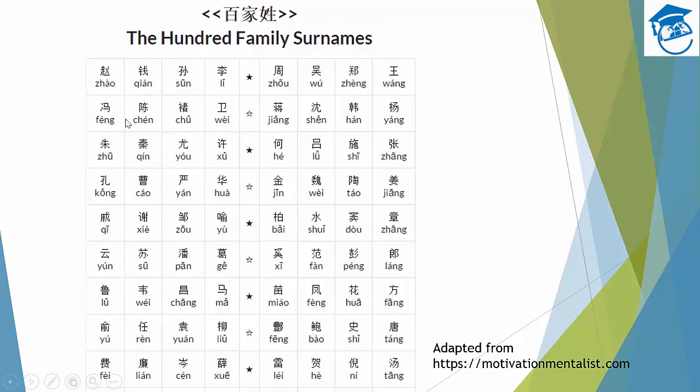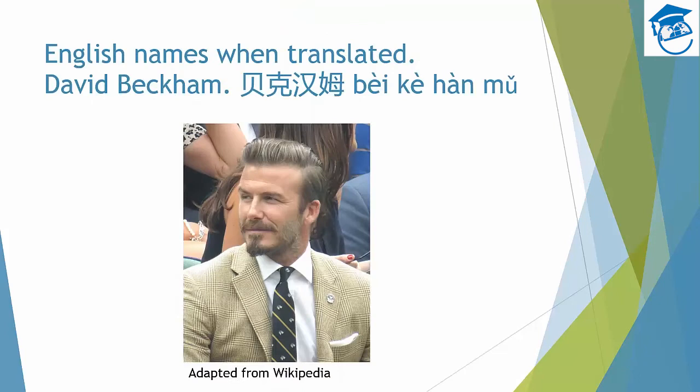And another one is here, Chen of Jackie Chan. So if you are very interested, you can always go into the website and search for the whole text. So all you can see here is just the single surnames, the surnames of a single word. But if you go further into the text, you will see more family names with double words.